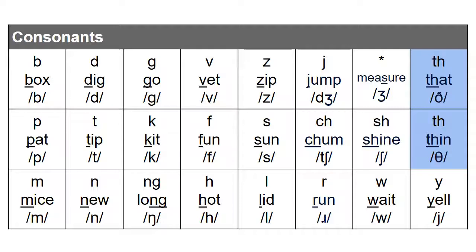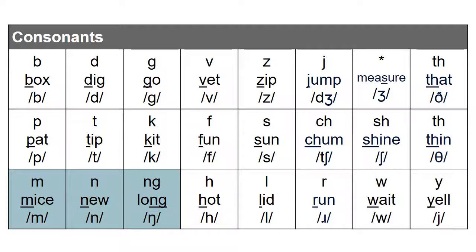Now along the bottom row, especially these first three, they actually have the same place of articulation as the sounds above them. But the difference here is the manner of articulation is different. So with our M, N, and NG sounds, these are all nasal sounds. With the M sound, we do a bilabial, close your lips again, but force the air out through your nose, and you get "m."